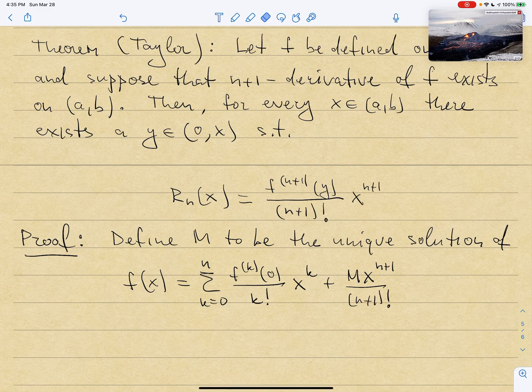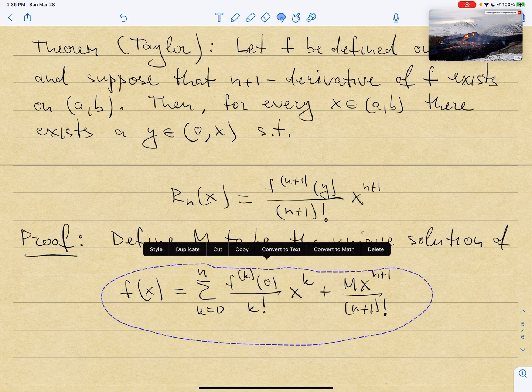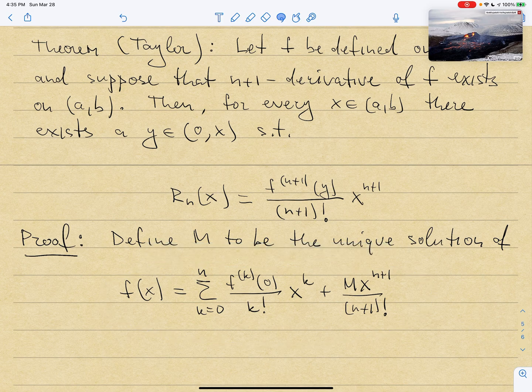Okay, let's examine this equation. What we're seeing here is that, once again, our goal is to relate the remainder to the derivatives of our original function. So I'm writing f of x essentially as the Taylor polynomial, right?